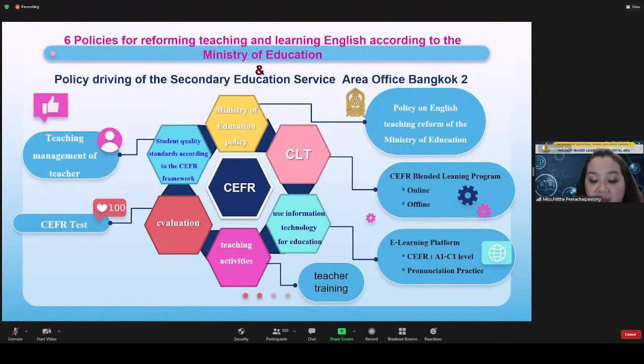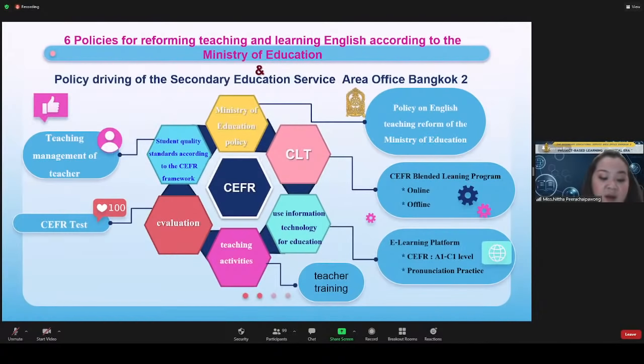According to Ministry and Educations and Policy Dying of Secondary Education Service Area Office Bangkok too. So the seek potential of reform teaching and learning English according to Ministry of Education announcement as follow.